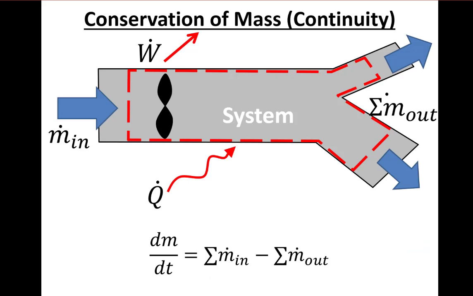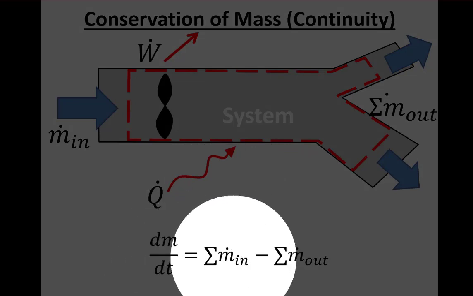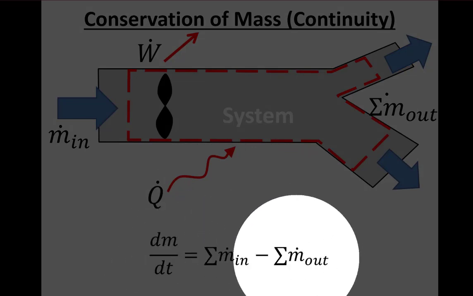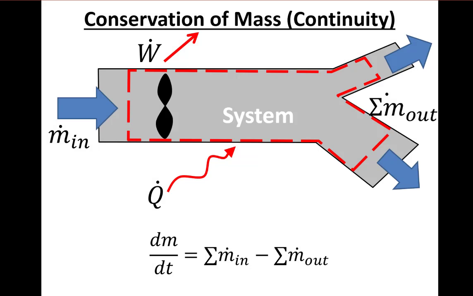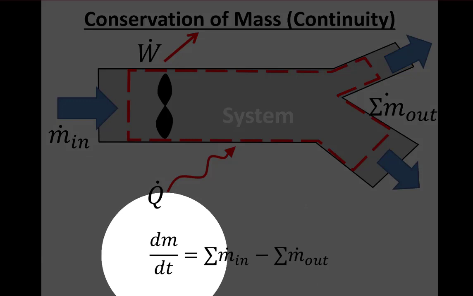So, conservation of mass, right? That's the first equation we're going to deal with after we've determined what part of the universe we're interested in. The base level of this equation, dm by dt, is equal to the sum of the mass flow rates in minus the sum of the mass flow rates out. Assumptions that we'll often, but not always, make might be, if it's at steady state, then the dm by dt term goes away.